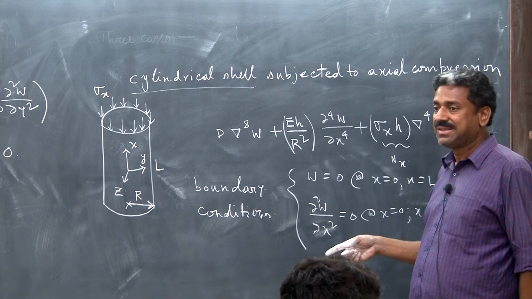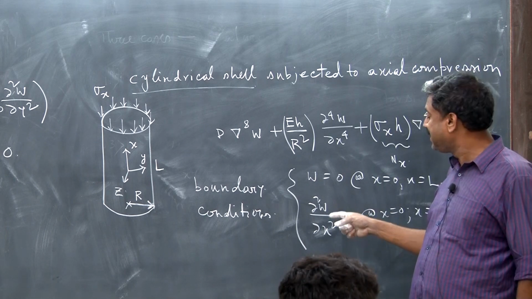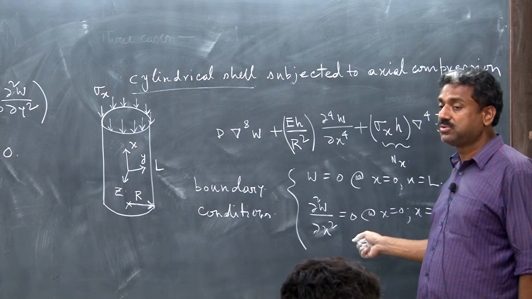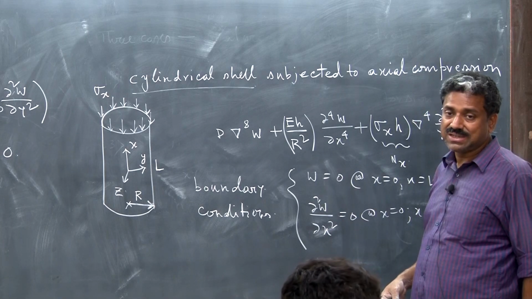If we simplify, the other derivatives drop and only this derivative remains, so that must be 0. So these are essentially the boundary conditions.